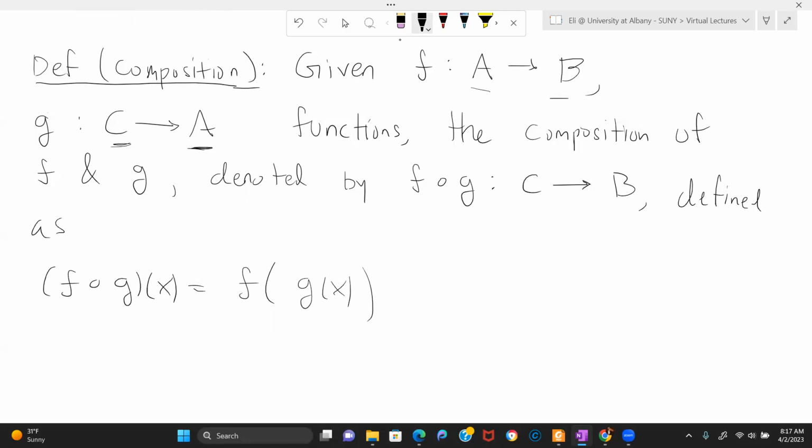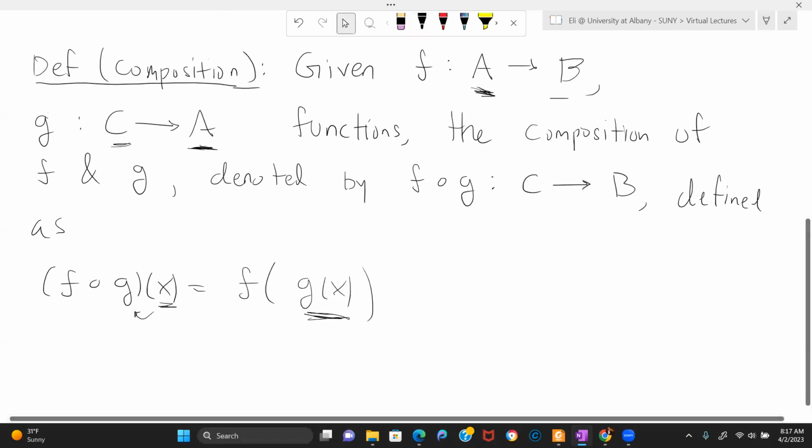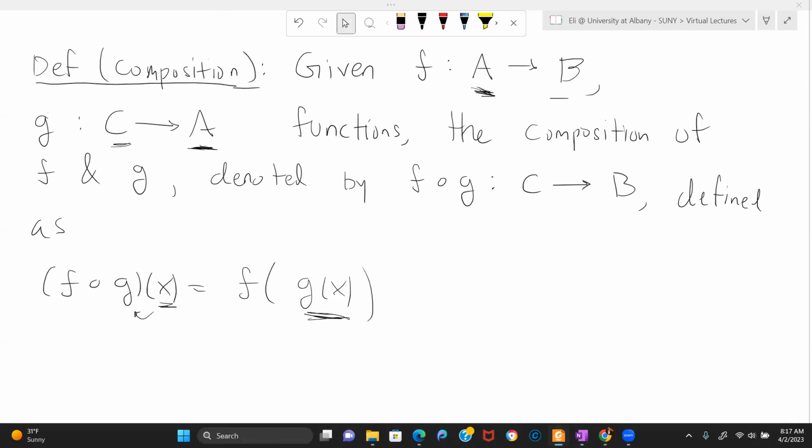You take your input x, you feed it through G, that gives you G of x, and G of x is a point in A, and A is the domain of F, so it's something you can plug into. Remember, the domain is the set of allowed values that you're allowed to plug into a function. So G of x is an allowed value, so you can plug that into F. This gives you the composition. All right, so now with that in mind, let's look at one-to-one functions.